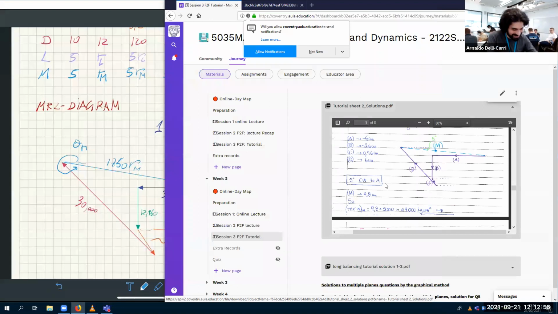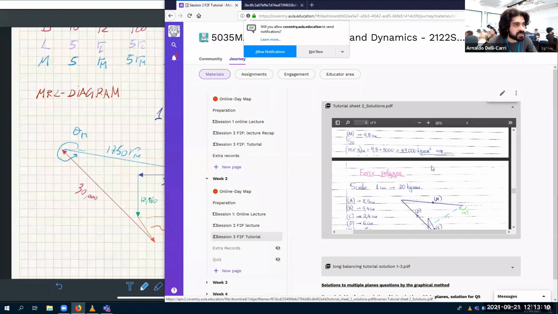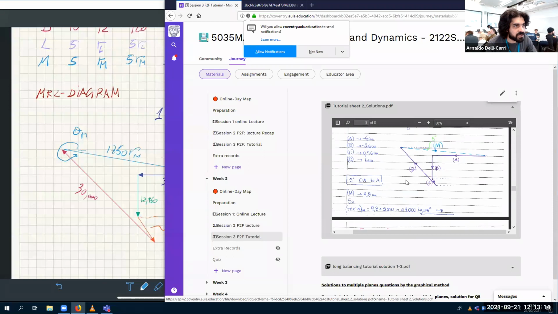Yes. So theta M is 355 degrees. And RM, it doesn't say, oh, 9.8 centimeters. So 98 millimeters.